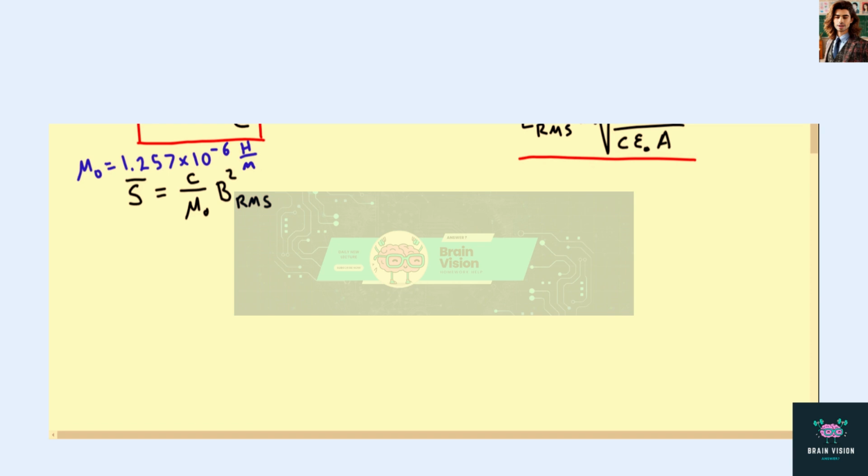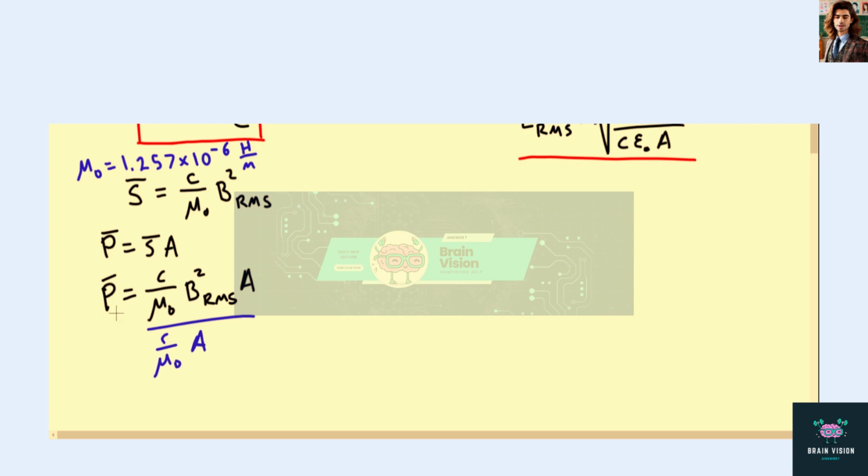And then otherwise, this all works very much like in the previous problem. So we have our equation for average power is average intensity times area. Power and intensity hasn't changed, so we're just going to substitute in a different version of the intensity in order to solve for B RMS. Power is equal to C over mu naught B squared RMS times the area. And then we just divide by some of these other values to get them over onto the other side of the equation here.